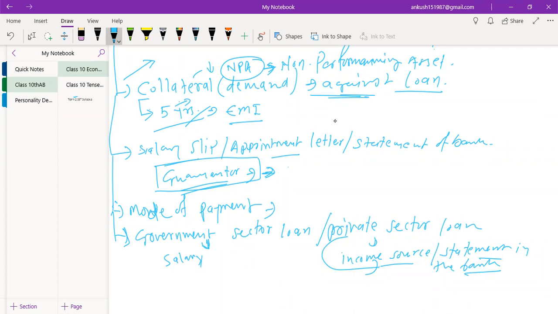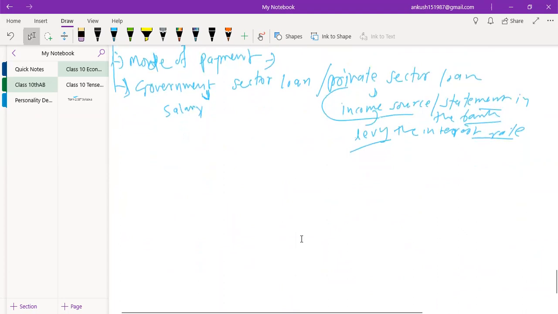But as easily as they provide you the loan, they levy a high interest rate, and that is the main income source of such private sector loan activities. That is why it is said that the nature of the lender and the borrower may vary from person to person, from sector to sector. Have you got it?